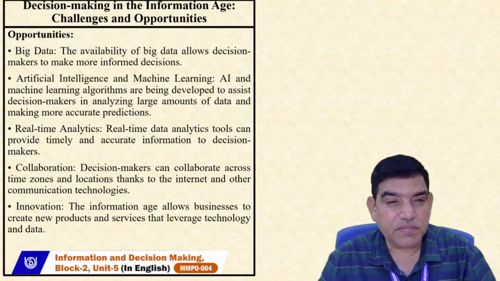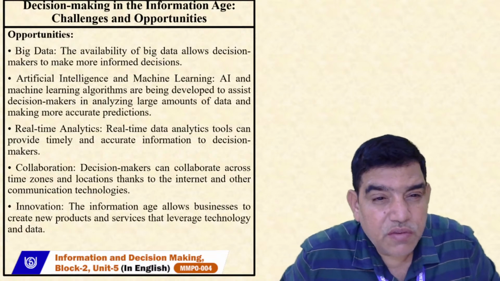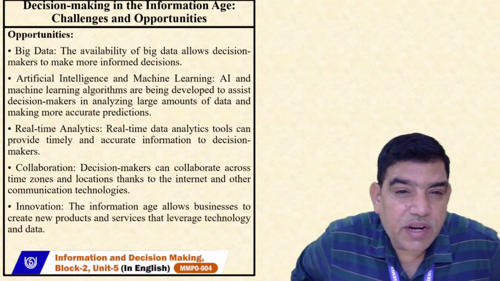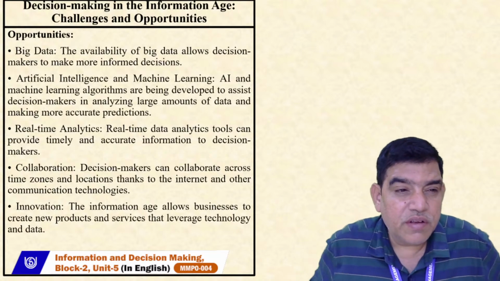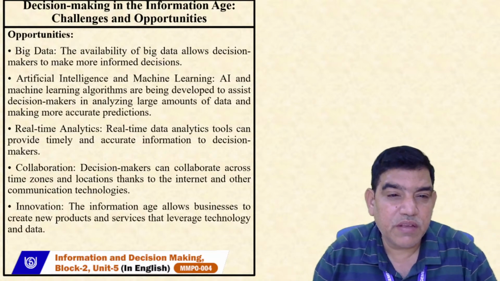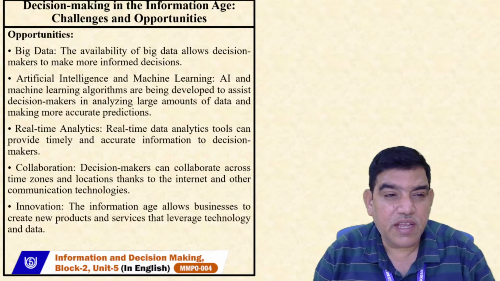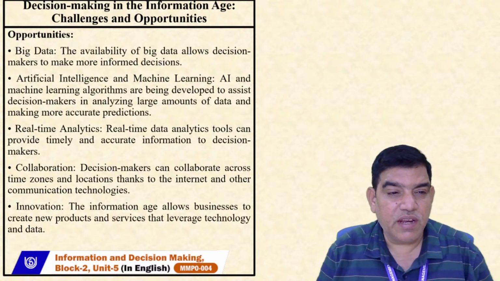That means we can use the real-time data for the decision-making process. Then real-time analytics. Real-time data analytic tools can provide timely and accurate information to decision makers. And collaboration.